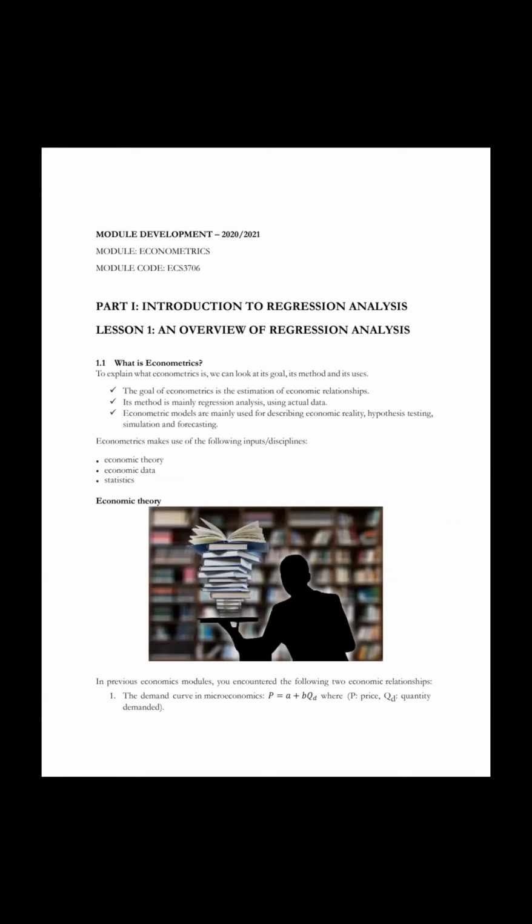But couldn't there be a case where a change in the quantity demanded affects the price? So now it's a matter of in which direction causality is going. Basically what regression analysis does is give you that formula, but it's not going to tell you that the change is as a result of the price or as a result of the quantity.